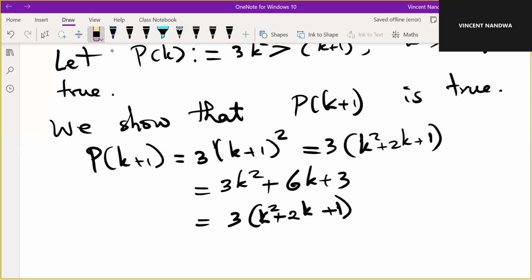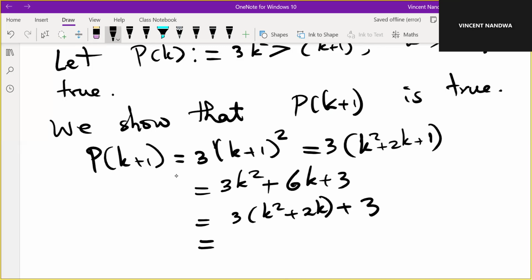So the first 2 terms, 3 is common, okay? Yeah. So I can have this one as 3 into k squared plus 2k, then plus 3. That's the original expression, okay?